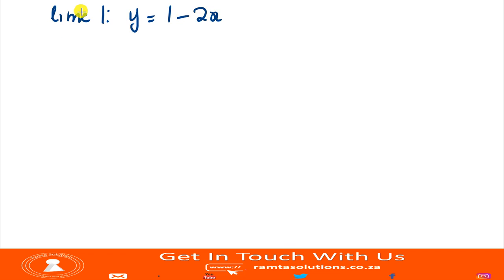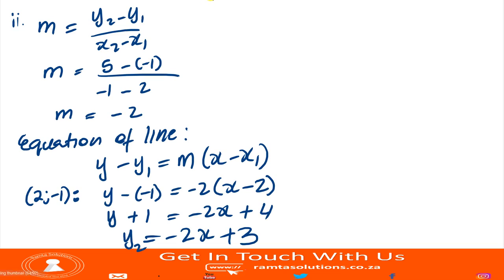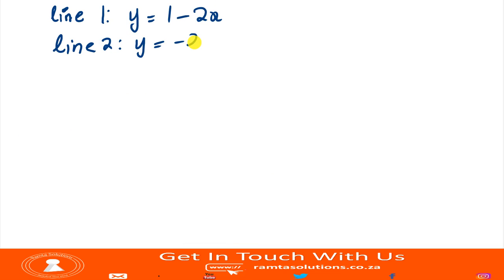So what is line 2? Line 2, what did we find? We found y equals negative 2x plus 3, all right? So here, as you can see, gradient of line 1 is equal to gradient of line 2.